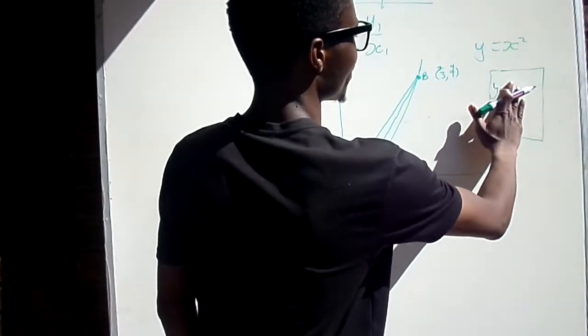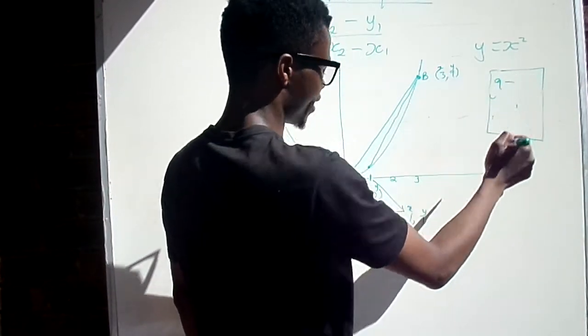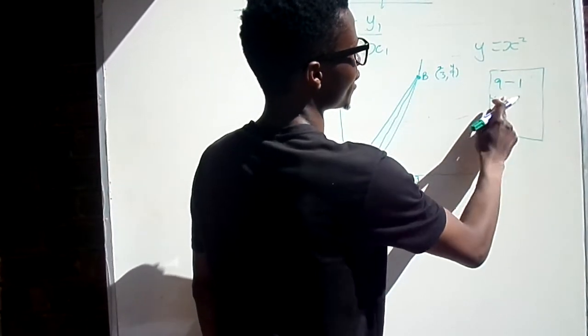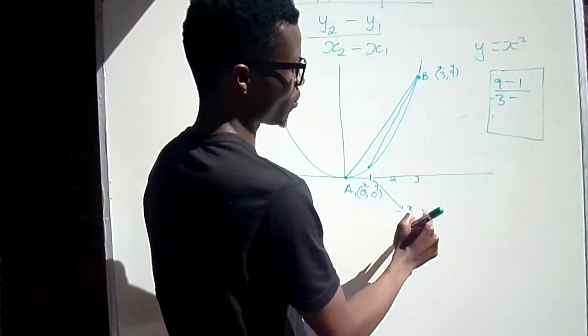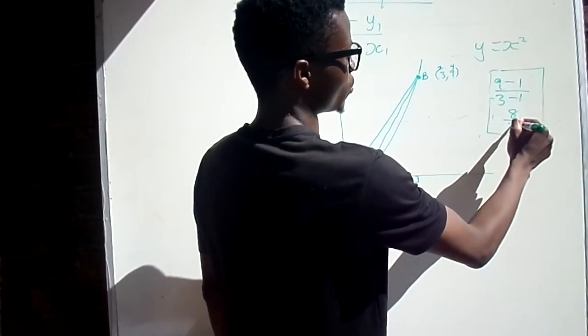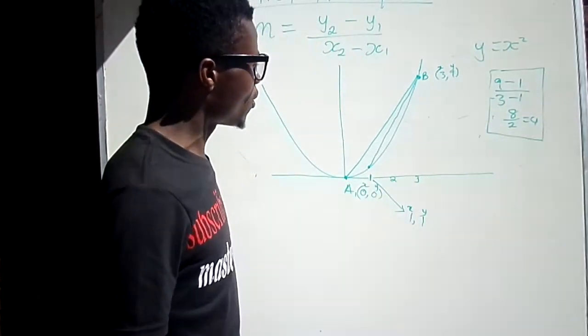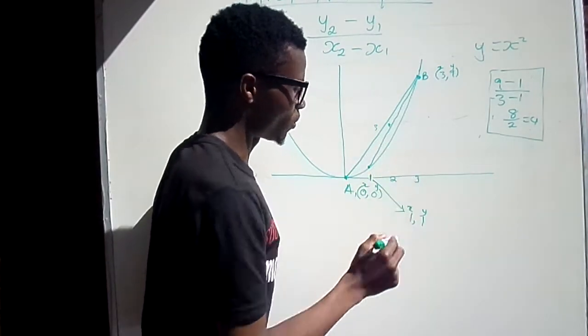Calculating the gradient, y2 is 9 minus y1 is 1, all over x2 is 3 minus x1 is 1, which is 9 minus 1 is 8 over 2, which is 4. So here we got a gradient of 3. Now I'm having a gradient of 4.